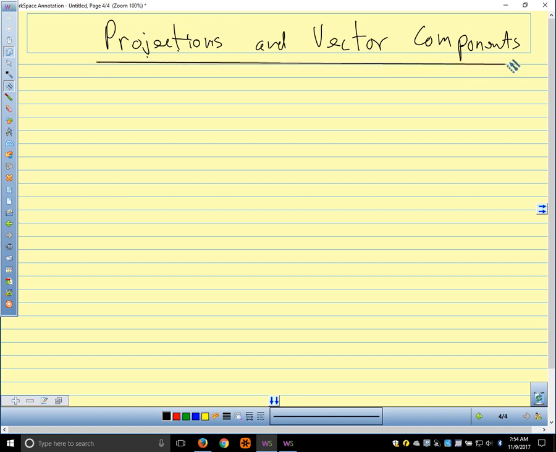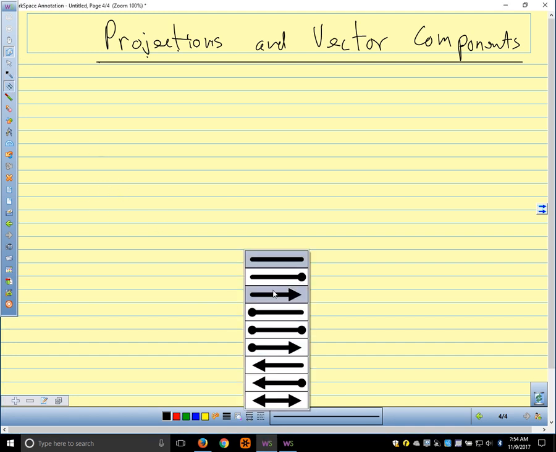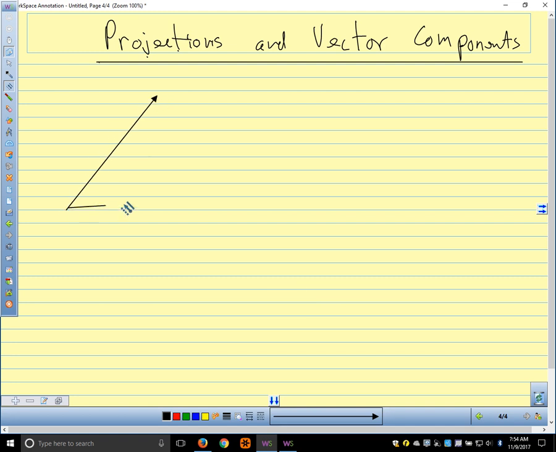All right, so what we're interested in here is extending the idea that I was talking about earlier. So I'm going to draw a couple of vectors. I'm going to say this is u, and this is v. And what we want to do is figure out the component of u in the direction of v, and turn that into a vector.